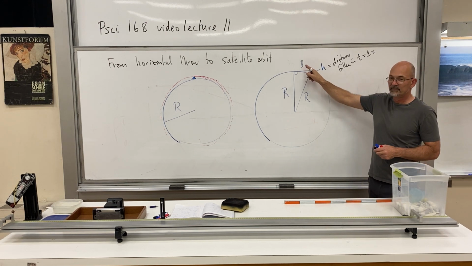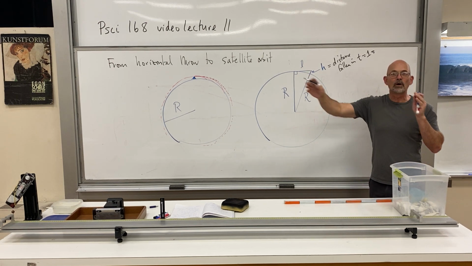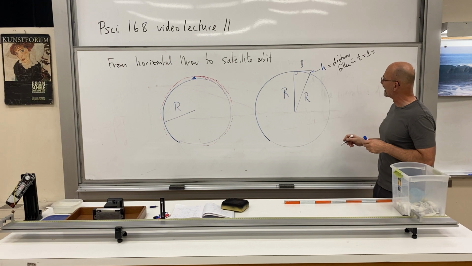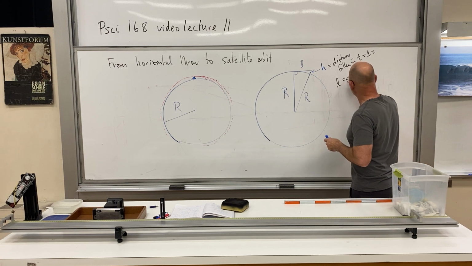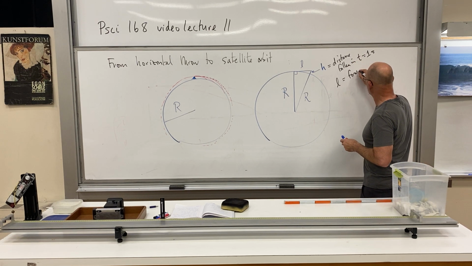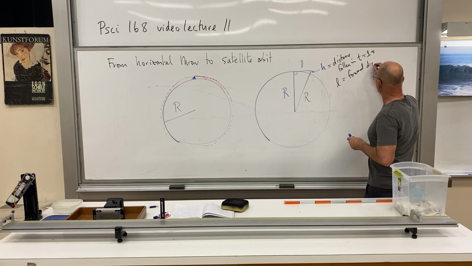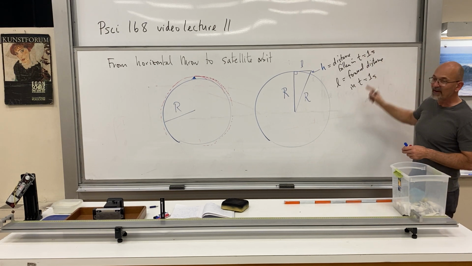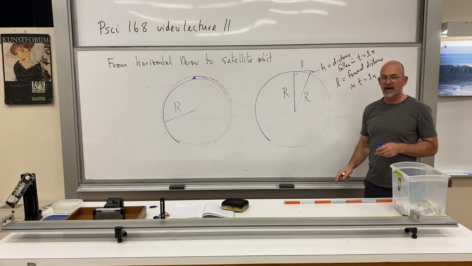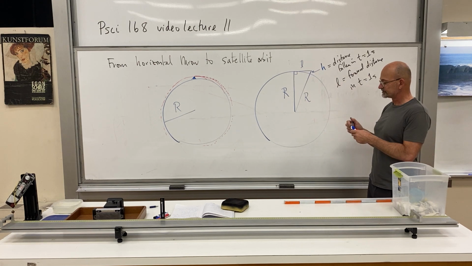And what about L? L is the distance forward in t equals 1 second. L equals forward motion, forward distance in t equals 1 second, right? It's the same 1 second, just what we were talking about before with the horizontal throw.